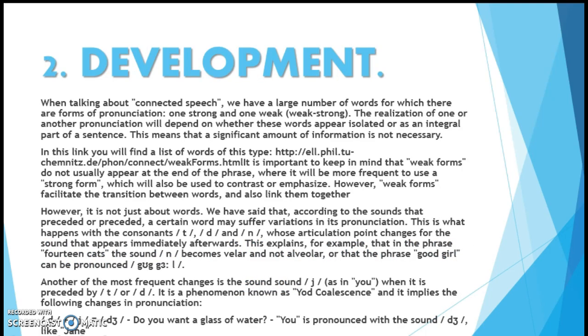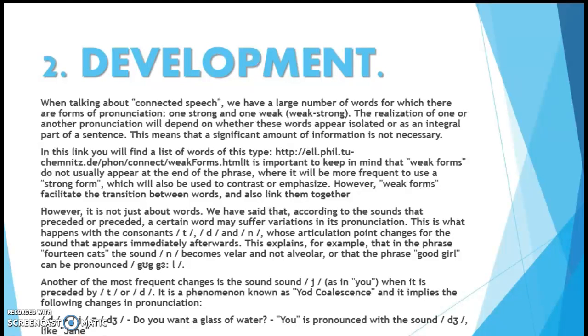Number 2. The blueprint. When talking about connected speech, we have a large number of words for which there are two forms of pronunciation, one strong and one weak. The strong one is the apostrophe.